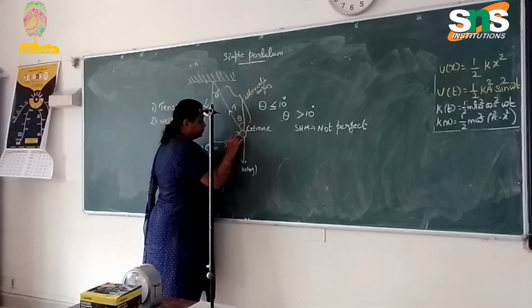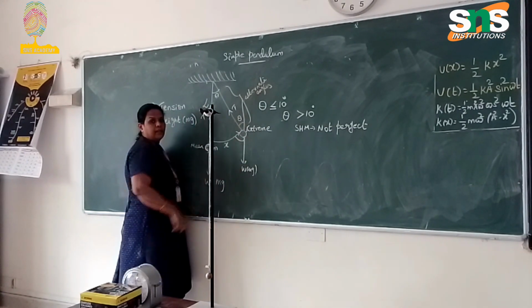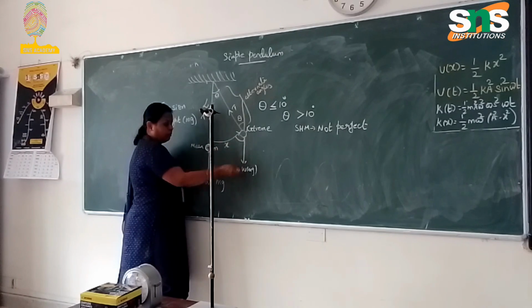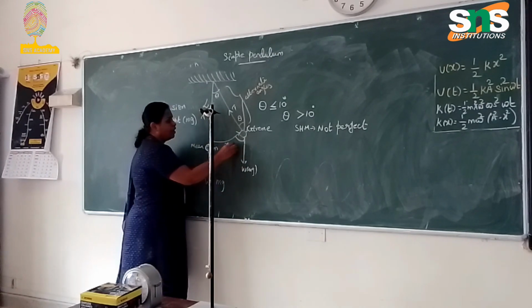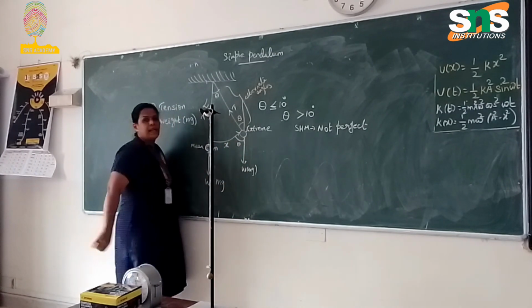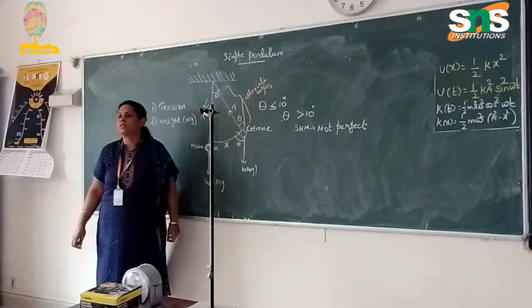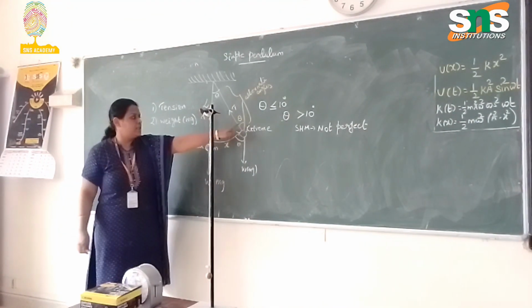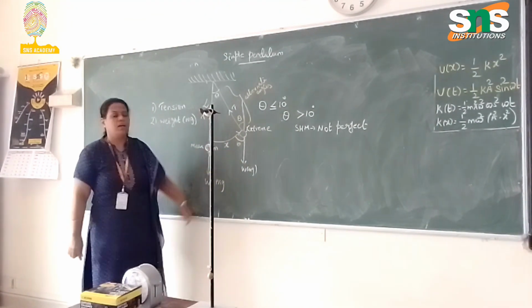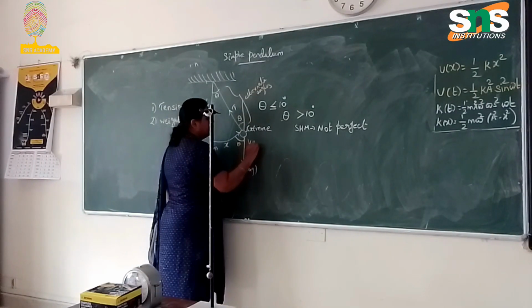What about here, between the displacement and the weight? Here also it will be theta because they are vertical angles. This theta will be equal to this theta since these are vertical angles.